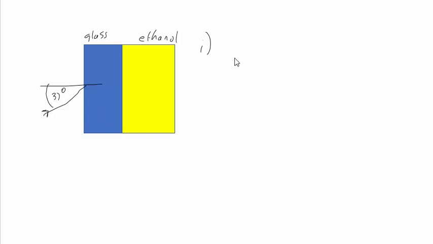Okay. In part 1, we're told the light is incident on the glass at 37 degrees. We're to find the angle of refraction in the glass. Well, for this we can use Snell's law that n1 sine theta 1 is equal to n2 sine theta 2.